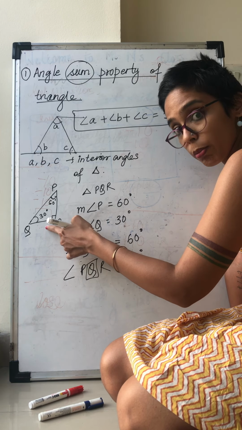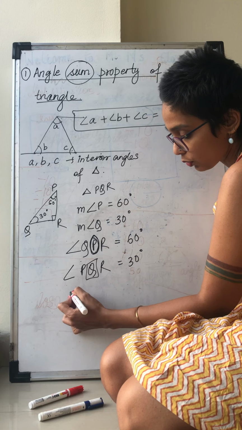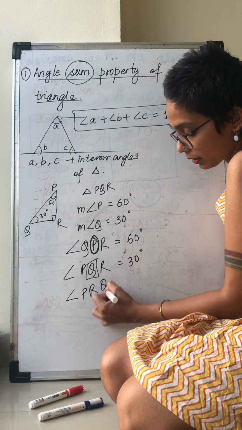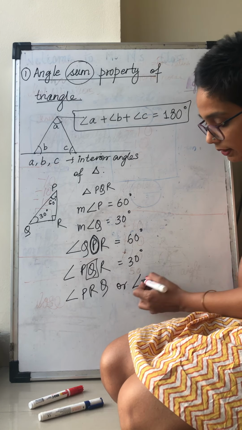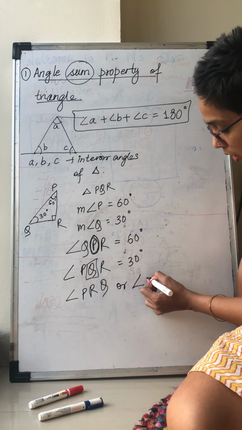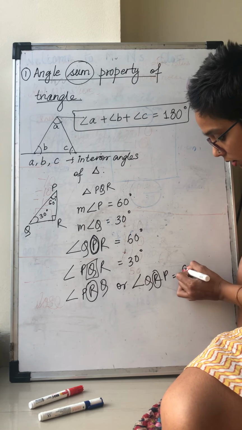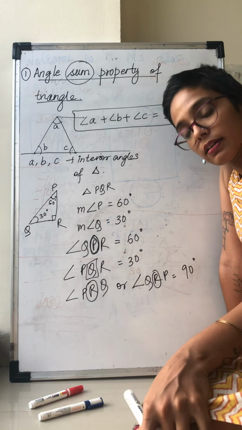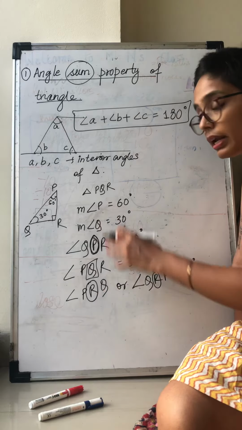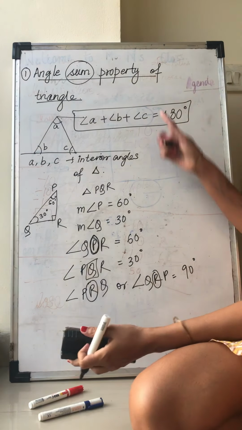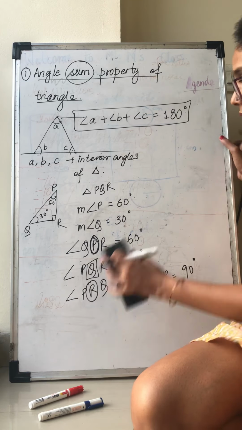And if I want to talk about angle R, it would be angle PRQ, or I can also write angle QRP, and over here it is 90 degrees. So this is how you read the angles. You should know how to read the angles. This is my first property and this is how to read it.